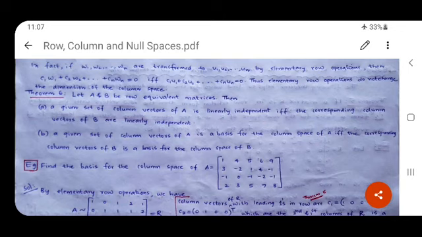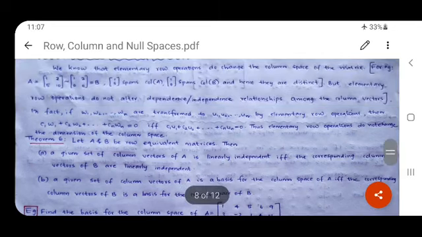If B is row equivalent to A, then the corresponding columns of A or B form a basis for the column space of A or B.